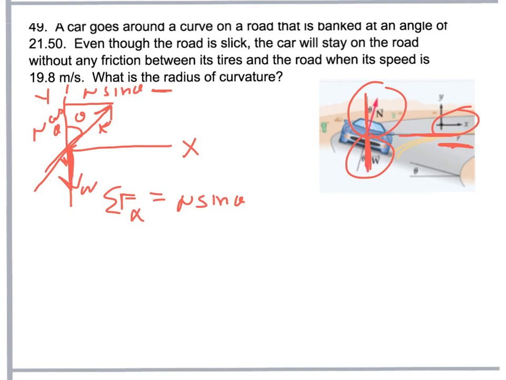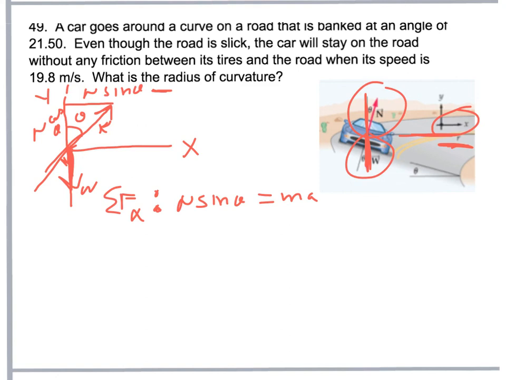So that's F sub x, the force in the x direction, n sine theta, and force equals ma. If it's easier for you, another way is to write it this way, getting rid of those equal signs.